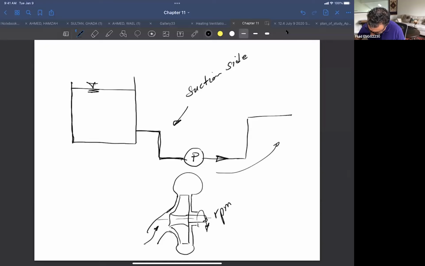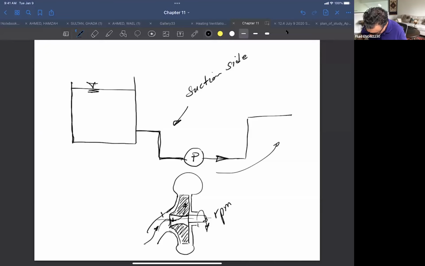As the pump is rotating, this impeller is rotating, making a suction here. Remember how you swirl the fluid inside a cup, in the bottom or in the middle, there's going to be some reduction of the level, but in this case, because this is a closed system, it's going to be a reduction of the pressure. So you have suction at what we call the eye of the pump, or the impeller eye, the inlet, and then the fluid will go like this.